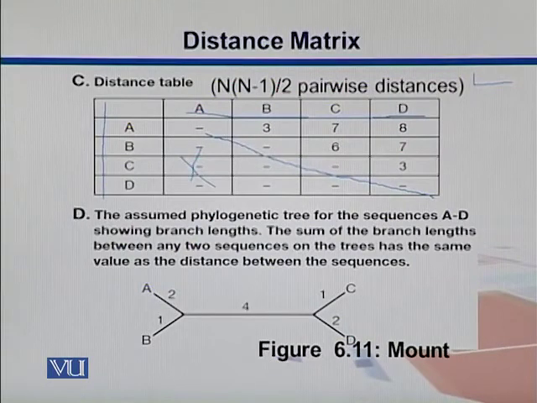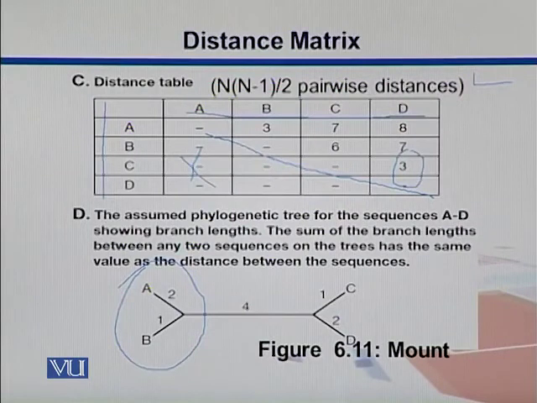Then we use those distances and we can come up with a tree such that the sum of the branch lengths between any two sequences has the same value as the distance between those sequences. For example, A and B are arranged such that the sum of their branches, that is 2 plus 1, is equal to 3, which is the same as their difference in this matrix.